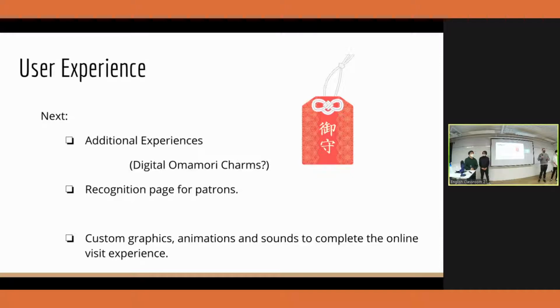We'd like to expand it from many customers paying one shrine to many shrines that can be searched online and paid to. We also wanted additional user experiences such as omamori charms, and particularly a recognition page for customers who paid, so they could see it on a landing page for every shrine. We also had an idea to outsource some custom graphics to add to that experience, as if you were digitally there in the shrine for real.